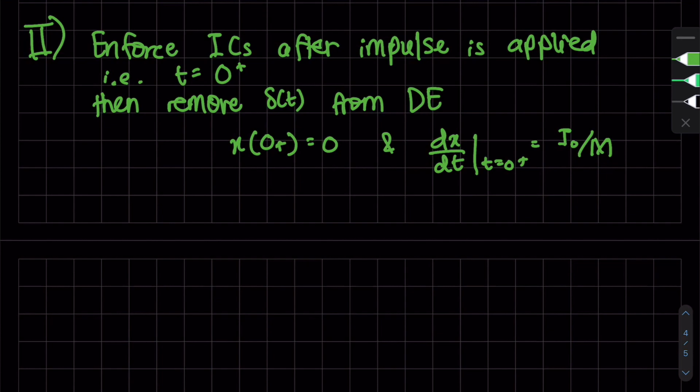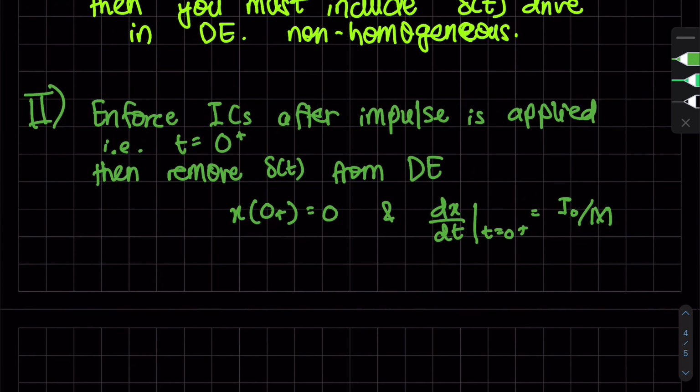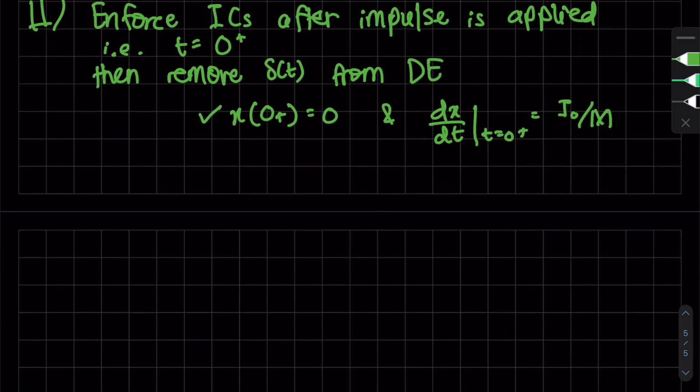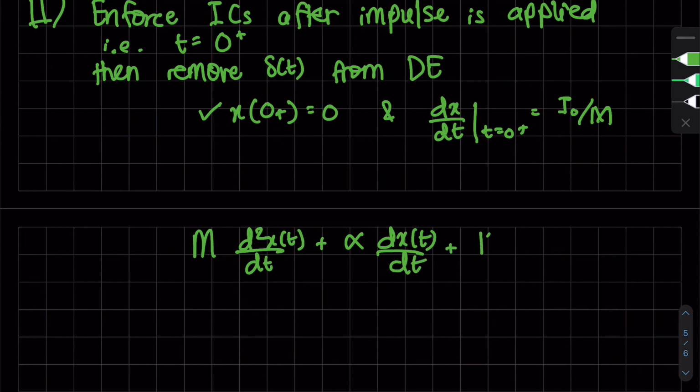How do we know that it's I naught over m? Well, that's another story. I hope you agree with this. It's because of the continuity of the trajectory. Well, look at the differential equation: m x double prime plus alpha, first derivative, plus k x of t is the untransformed differential equation, I naught delta of t.